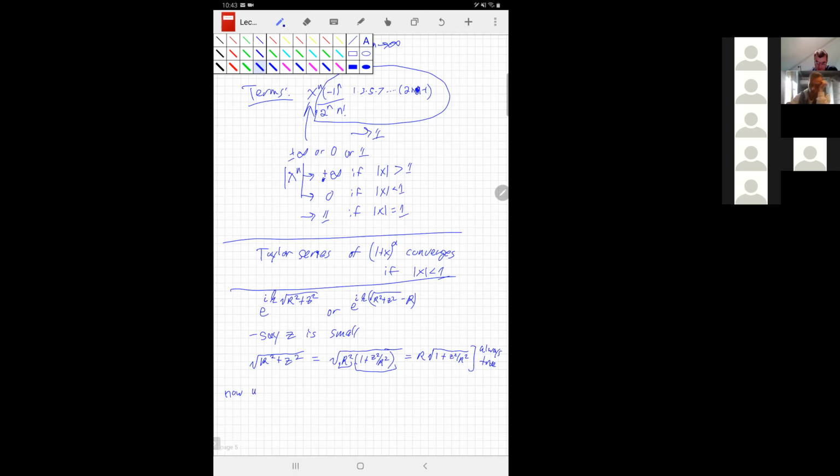Okay. Now use the small z approximation. What we've got here is r times (1 plus z squared over r squared) to the 1/2, which is approximately equal to r times (1 plus 1/2 z squared over r squared).